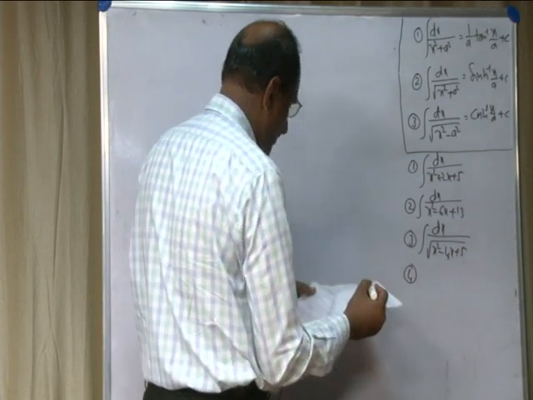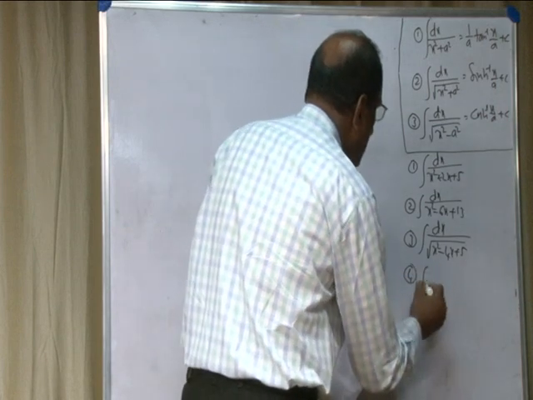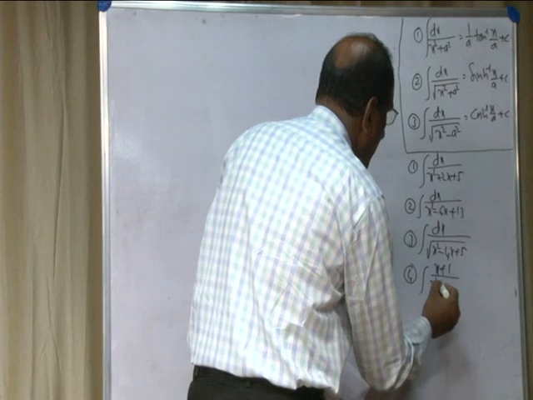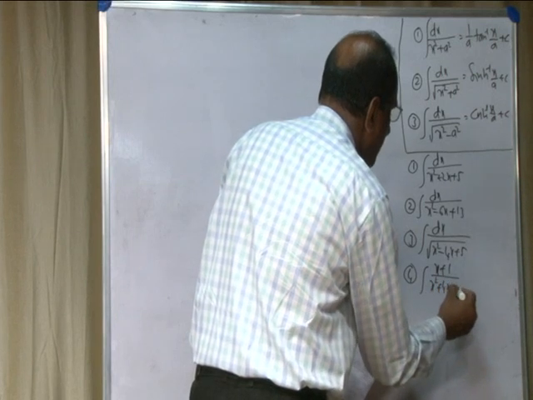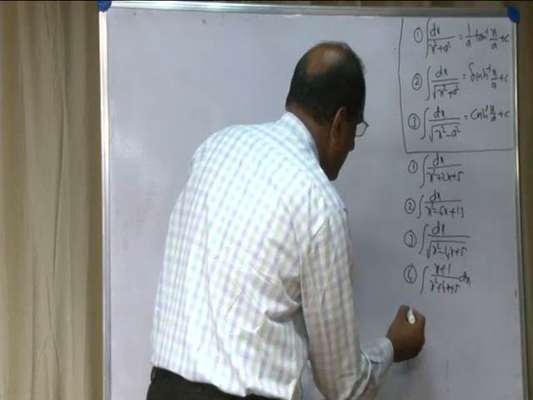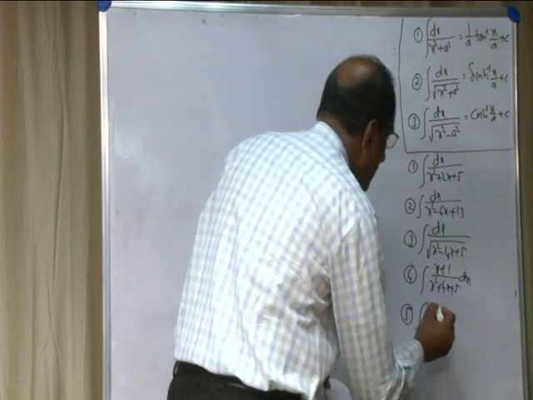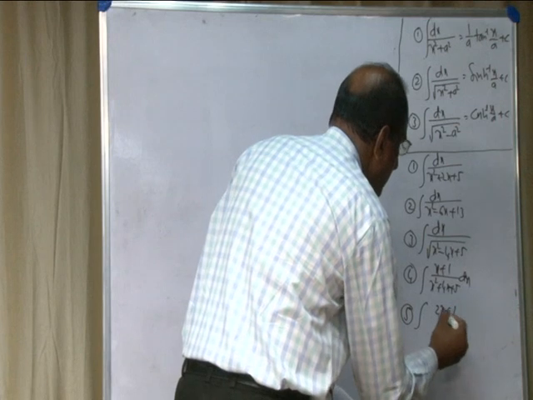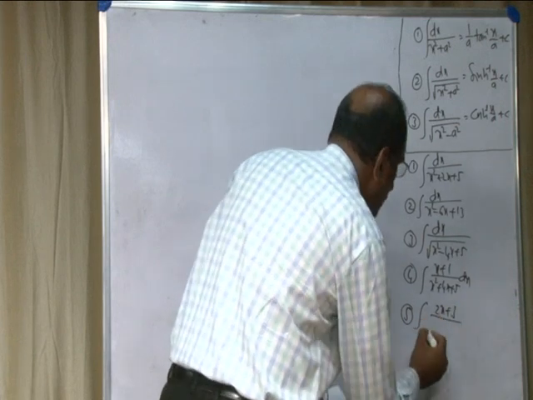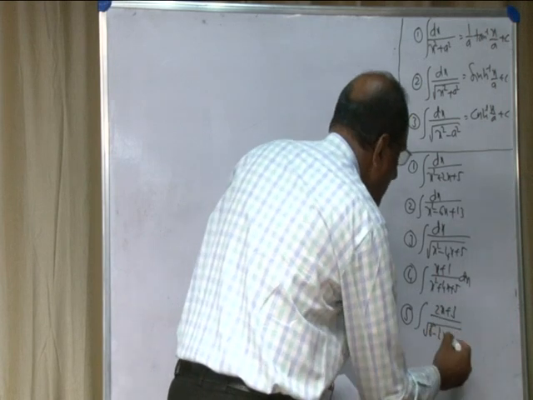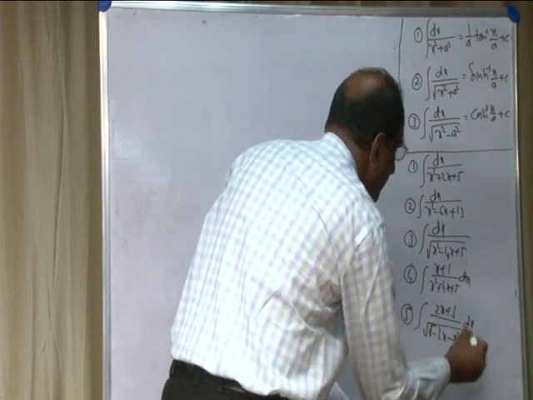Fourth problem, integration of x plus 1 divided by x square plus 4x plus 5 dx. Fifth problem, integration of 2x plus 3 divided by root of 8 minus 2x minus x square dx.